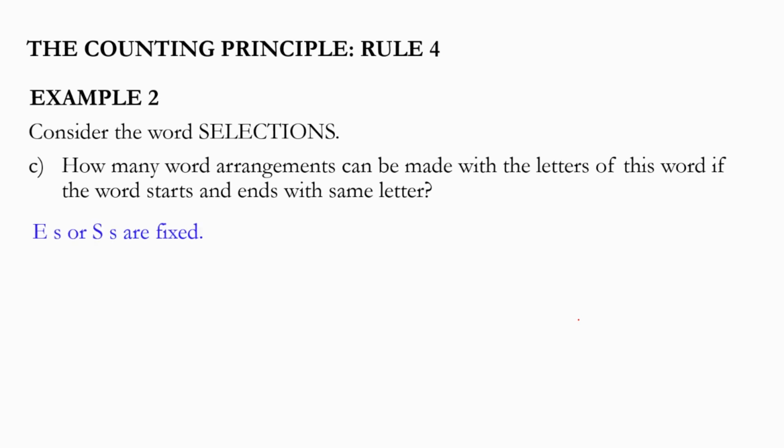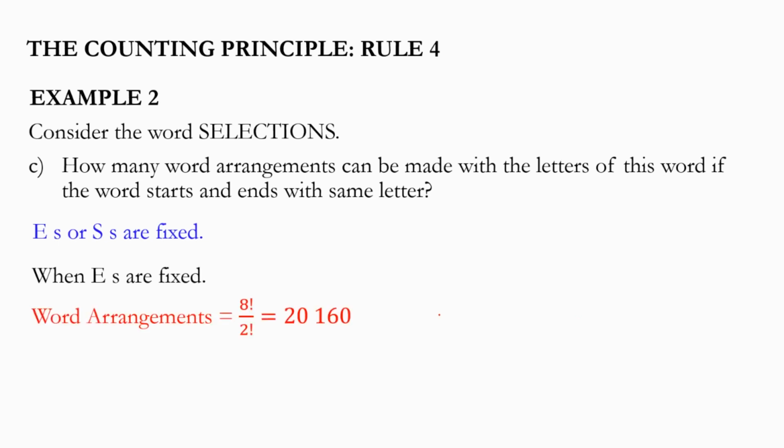When the E's are fixed, it's 8 factorial over 2 factorial, just like in question B. Same thing when the S's are fixed: there's just one choice at each end, and we're remaining with the rest, where the E's are repeated.